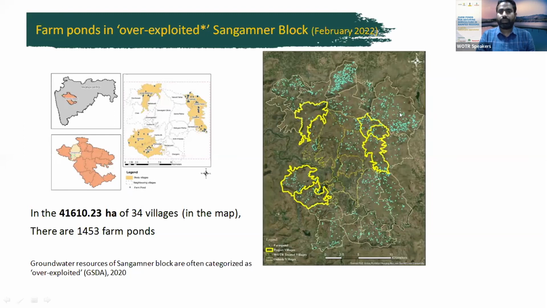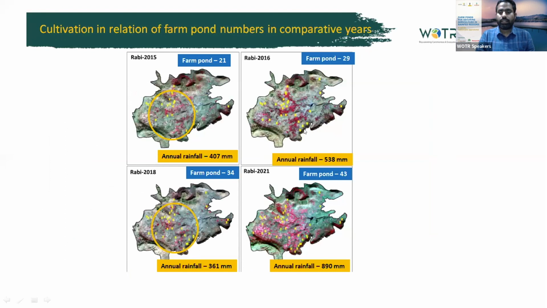We have also analyzed the temporal changes in the cropped and cultivated area with respect to the farm ponds. Wherever the farm ponds are constructed, we analyzed what the changes in the cultivated area are using satellite images. For this purpose, we have used Sentinel satellite images of 4 years, 2015, 16, 18, and 21.